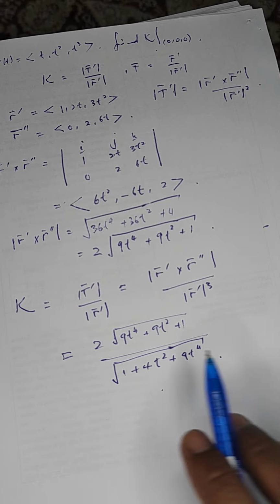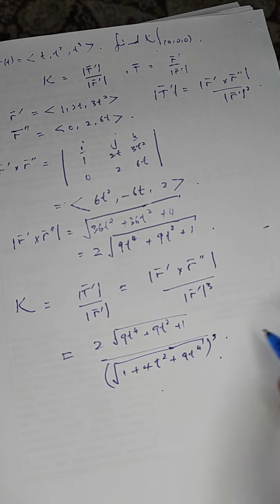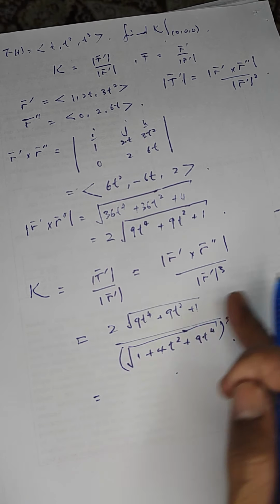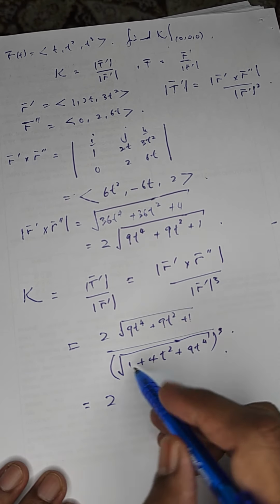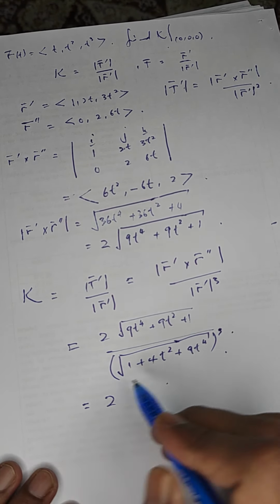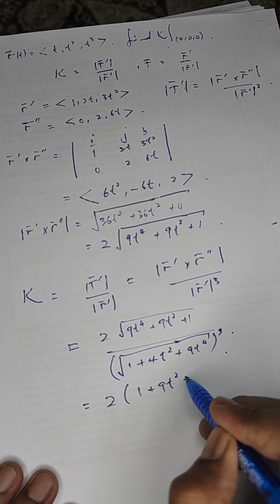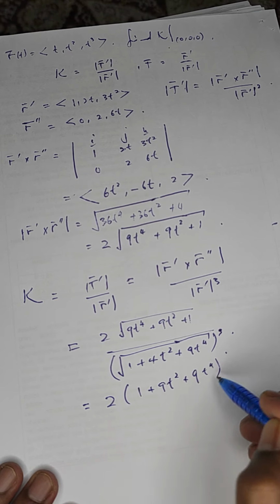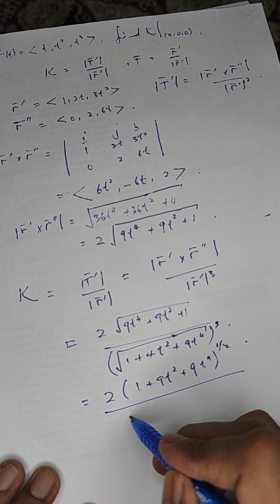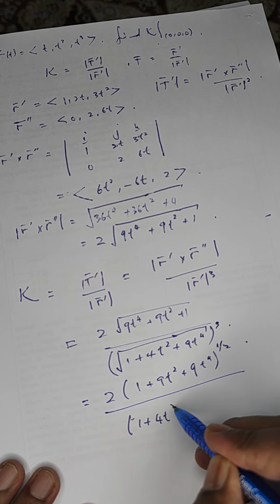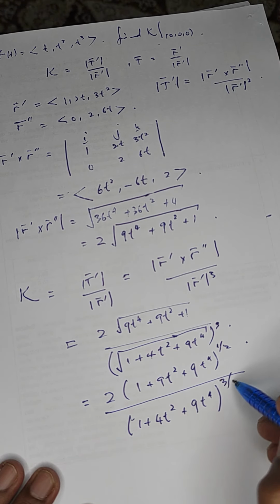Alright, and to the power of 3. Forget that. Then you can rewrite this, arrange accordingly. So we have 2. I can write this like 1 plus 9t squared plus 94 to the half, divided by 1 plus 4t squared plus 94, this is power 3, so 3 over 2.